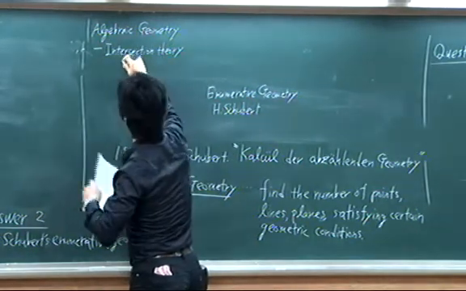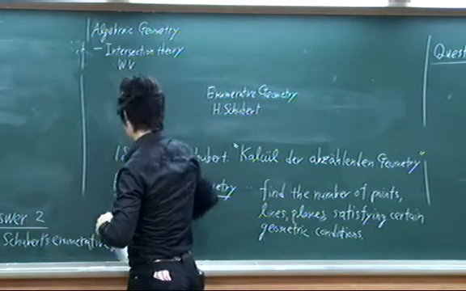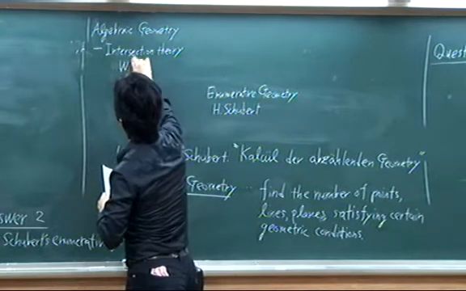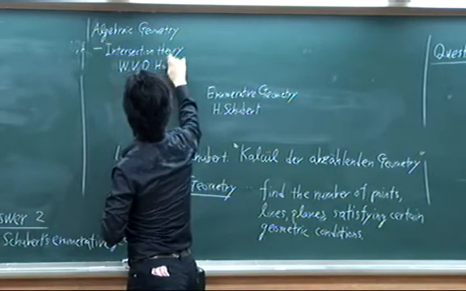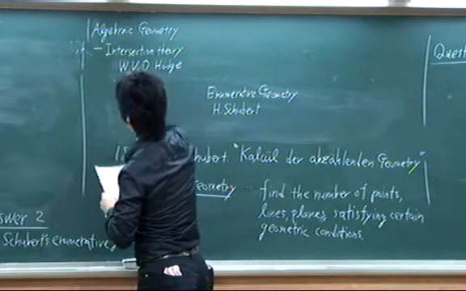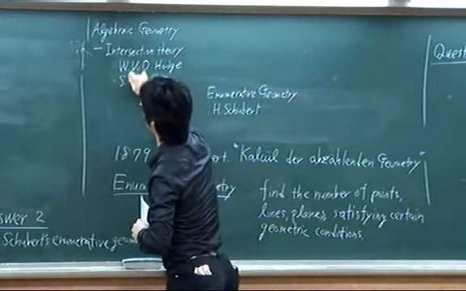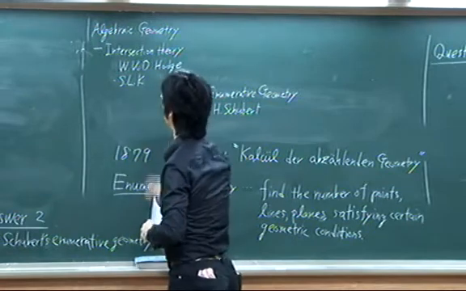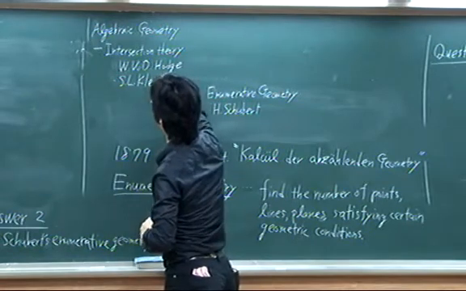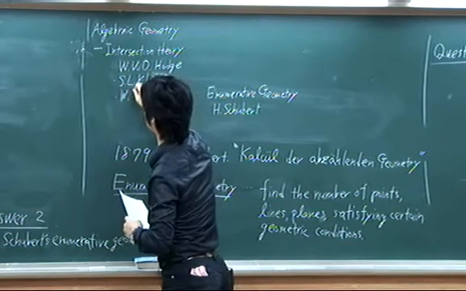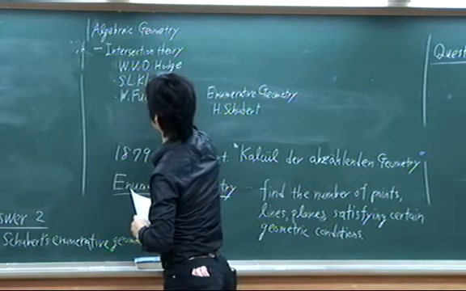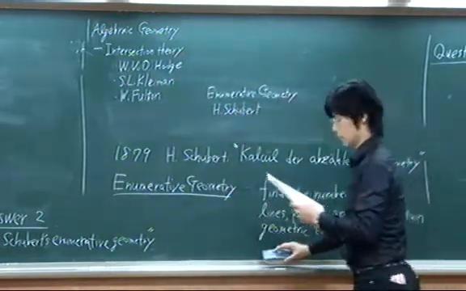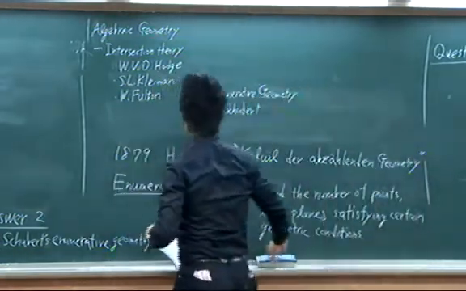For example, Hodge, Kleiman, William Fulton contributed to the intersection theory.